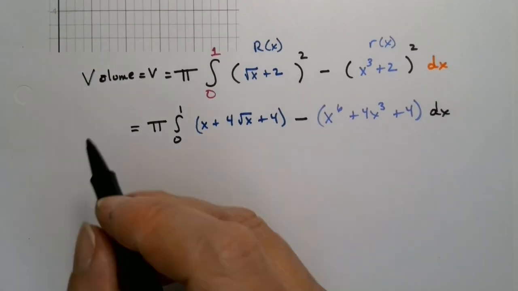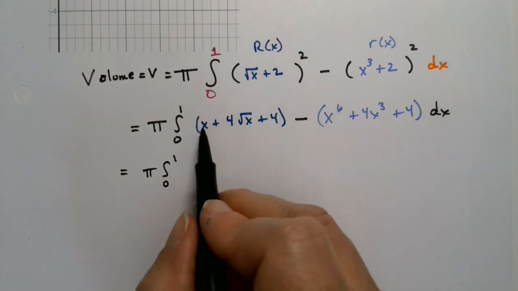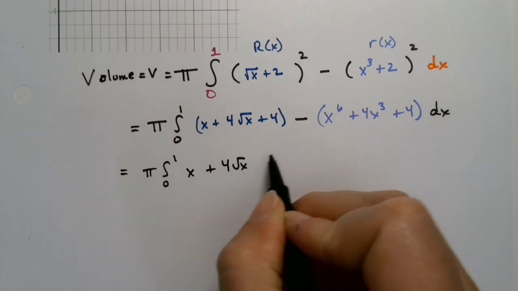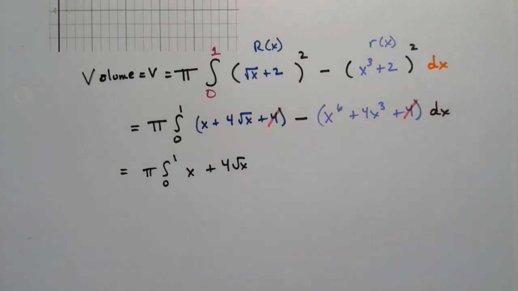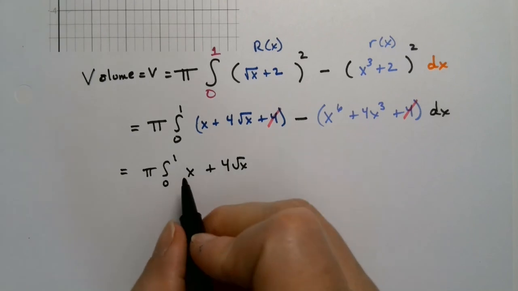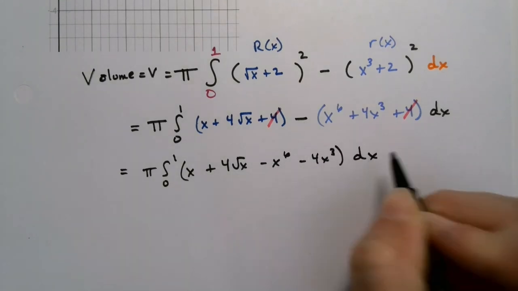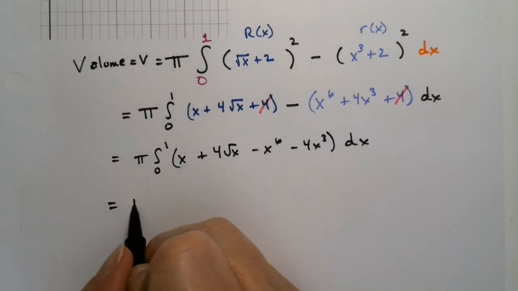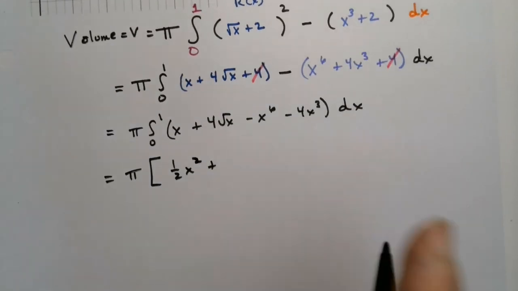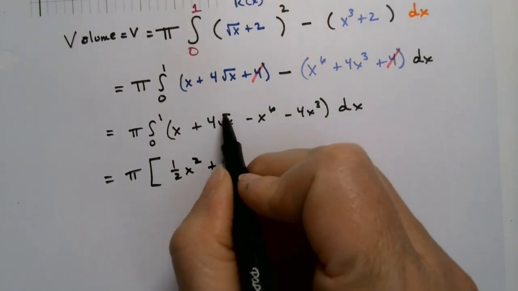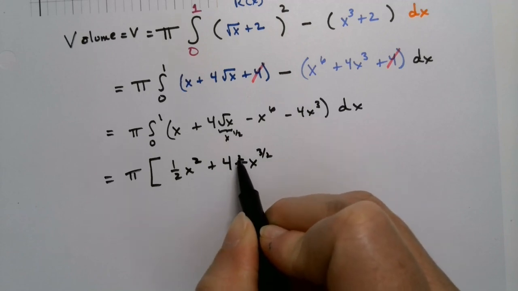Well, hopefully you're thinking what I'm thinking, and some of this stuff goes together. So from 0 to 1, I'm going to have x plus 4 square root of x. I don't have to worry about the 4s because this is plus 4 and this is minus 4, so those are gone. So it's x plus 4 square root of x minus x to the 6 minus 4x cubed, dx, which is 1/2 x squared plus 4 times, okay, this is x to the half here, so that'd be x to the 3/2 times 2/3.